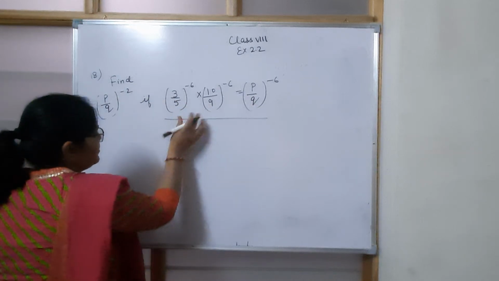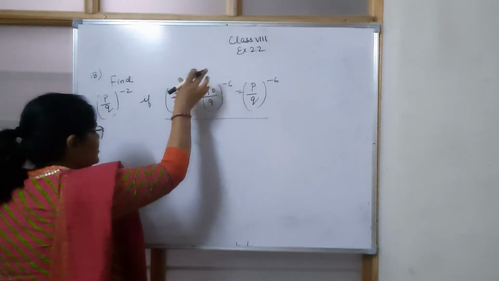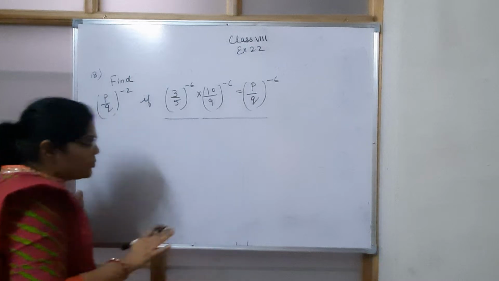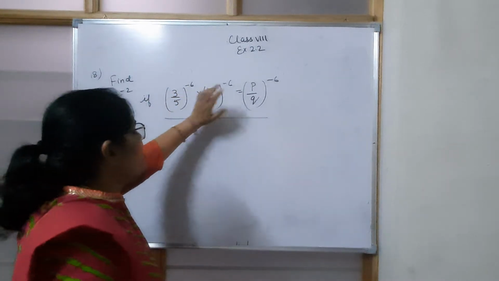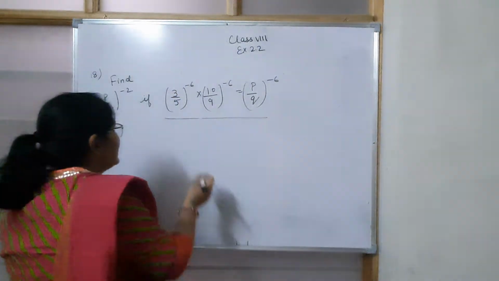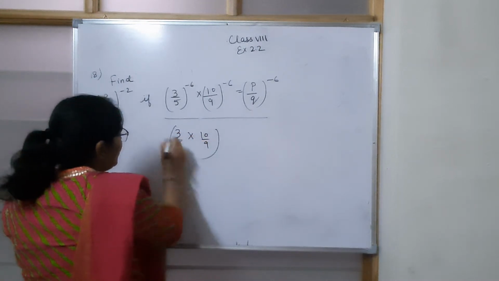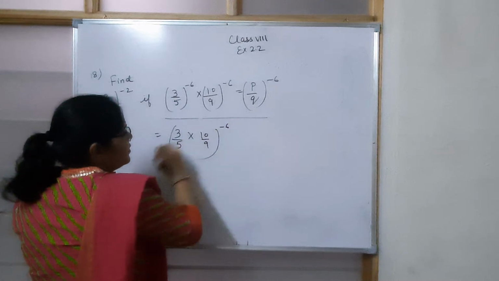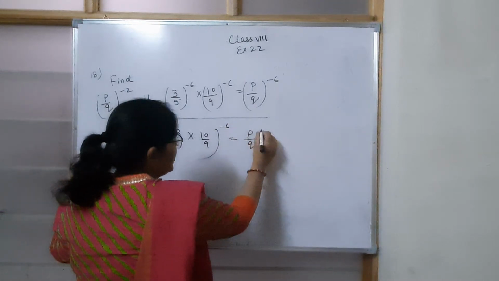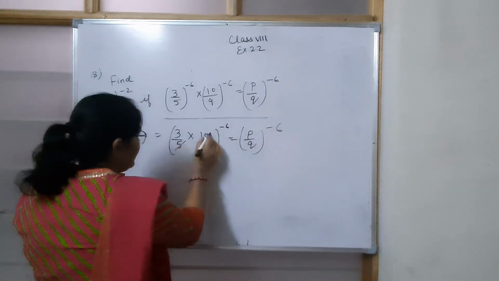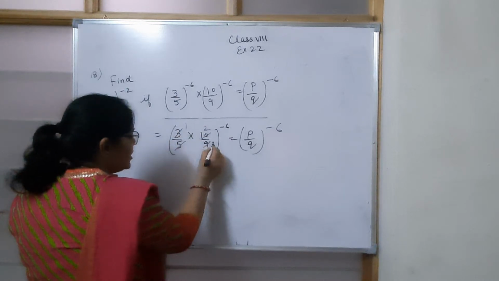So just look here. Can you apply any law of exponents here? Yes. Powers are the same, bases are different. We can multiply the bases and the power will remain. So I am solving this one, and the power will be minus 6, which is P upon Q raised to the power minus 6. 5 2s are 10, 3 1s are 3, 3 3s are 9.